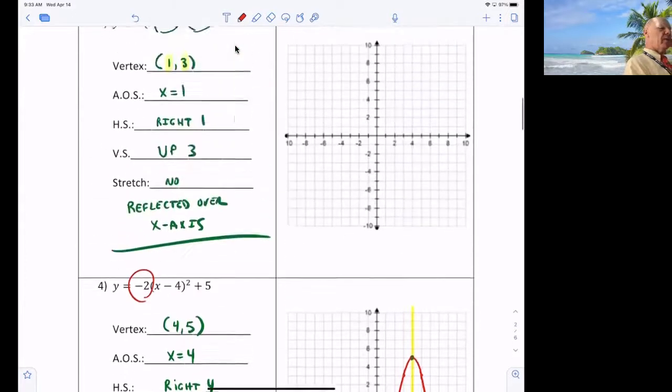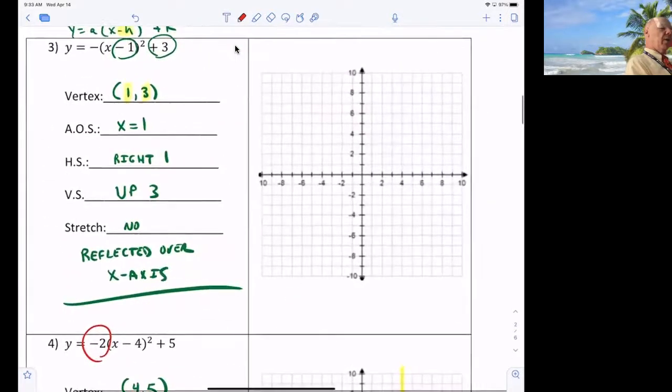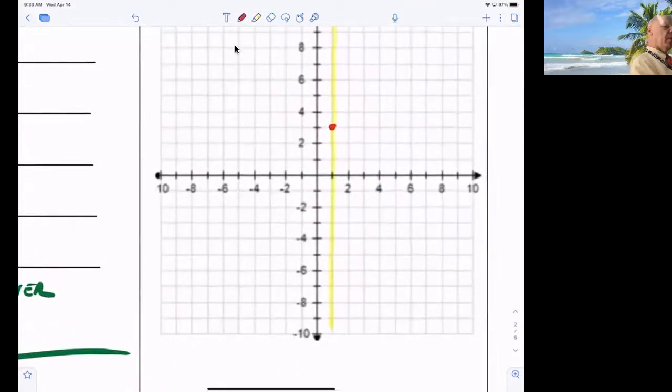All right. Now let's go back to number 3 because I apologize. We didn't graph that. So everybody go over 1, up 3, and then draw the axis of symmetry. So then we go over 1 and what?